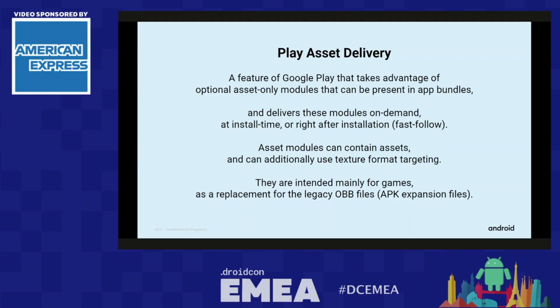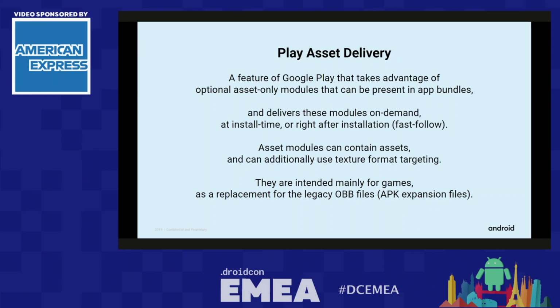But now the third one is different. There's a mode called Fast Follow, which will basically start downloading right after your app is installed. So maybe you can show the first game screen, and then additional resources, additional assets will keep downloading in the background. Now, asset modules, as the name suggests, can only contain assets.